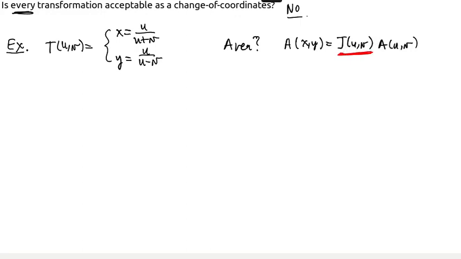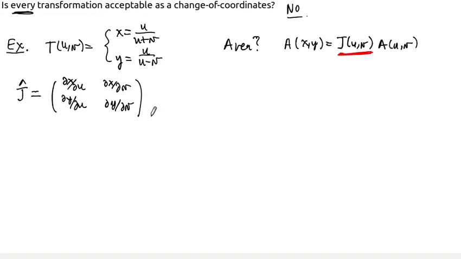So let's compute the Jacobian of this thing and see what happens to it. Remember, to compute a Jacobian, we start with the Jacobian matrix, the J hat. This is built by taking the partial derivatives: dx by du, dy by du, dx by dv, and dy by dv. Since these functions are a little more complicated, let's take the derivatives separately and then put them back together.